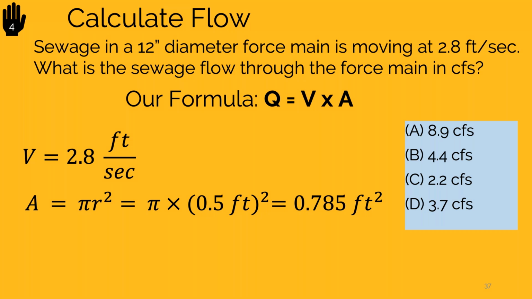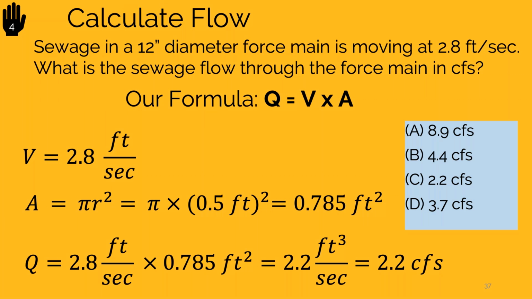That works out to 0.785 square feet. That's our area. So if you got something other than 2.2, this is probably where you went wrong. And then if we multiply this out again, we've got 2.8 feet per second times 0.785 feet squared.